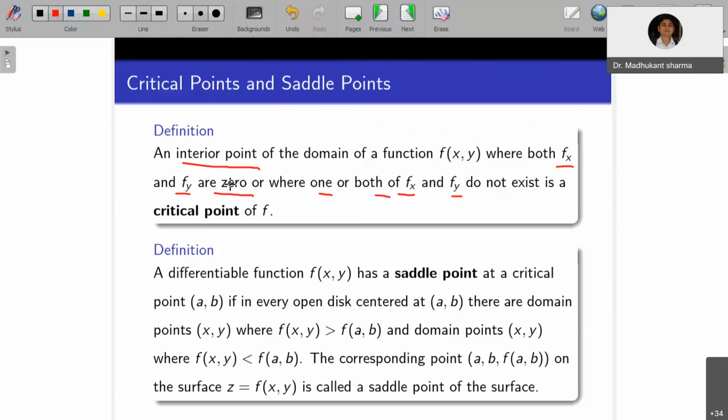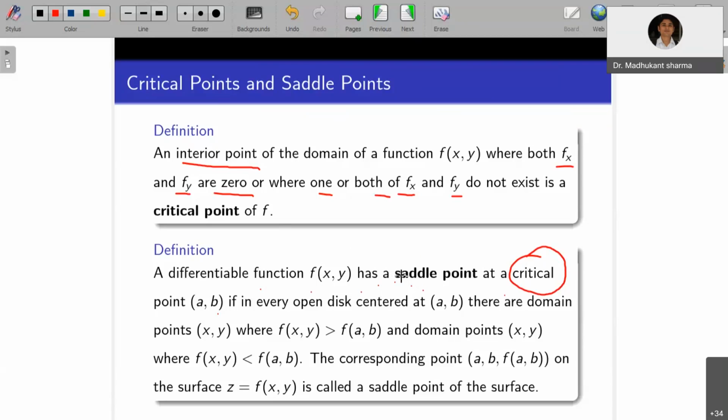Now, a saddle point: a differentiable function f has a saddle point at a critical point. So the very first thing, you can only talk about a point being possibly a saddle point whenever it is a critical point. First you have to identify whether (a, b) is a critical point or not. Then you classify it as local maxima, local minima, or saddle point.